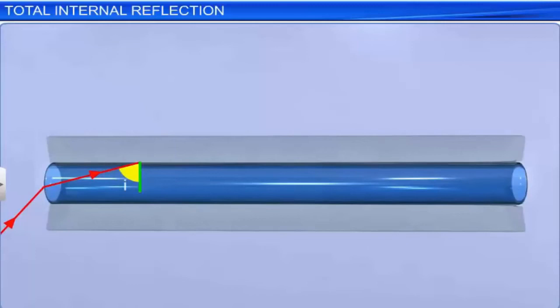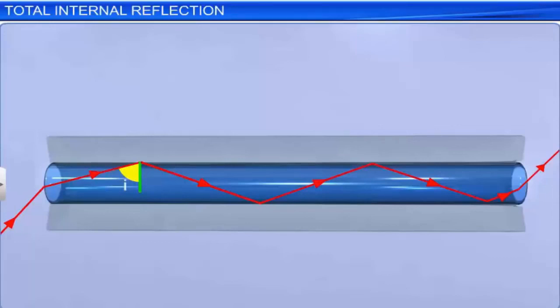Since the loss of energy is quite small in case of total internal reflection, light can be transmitted over longer distances through optical fiber with least loss of energy. This is made use of in case of optical fiber cables used for long-distance transmission of light signals.